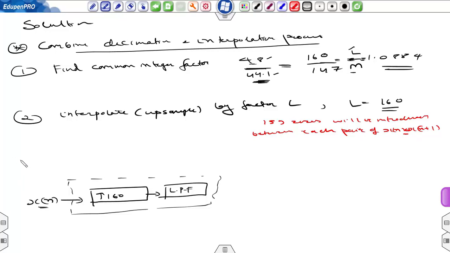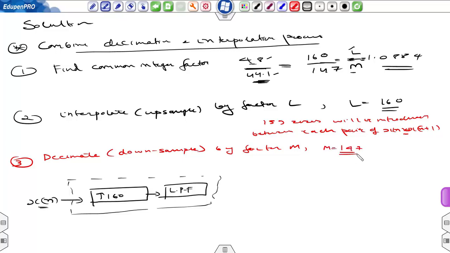Okay, now in the third step, you have to decimate, downsample by factor M, and M in this case is 147.